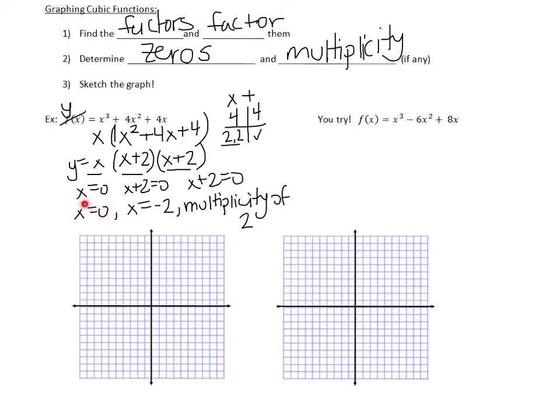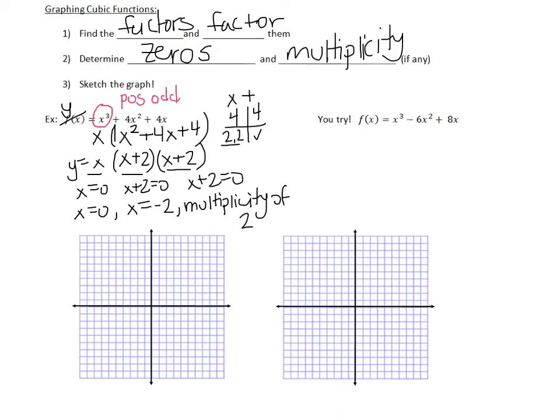Now to know my general shape of this graph, I need to know my turning points and my end behavior. Well, this is in standard form, and if I go back to the original, this is my first term. So my lead coefficient is 1, and that's positive. And my degree is 3, which is odd. Positive and odd.